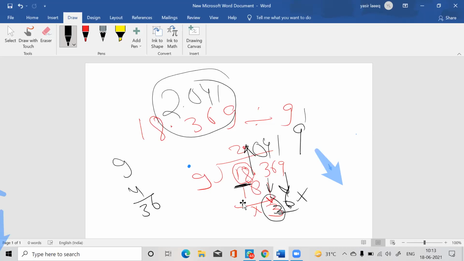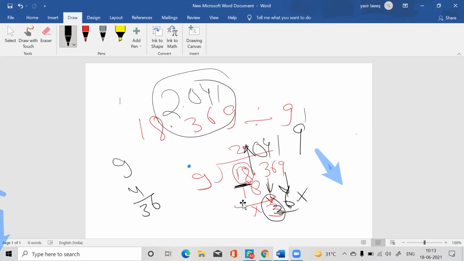See step number 2 on page number 105. Put the decimal point in the quotient just after completing the division of the whole number part of the dividend.